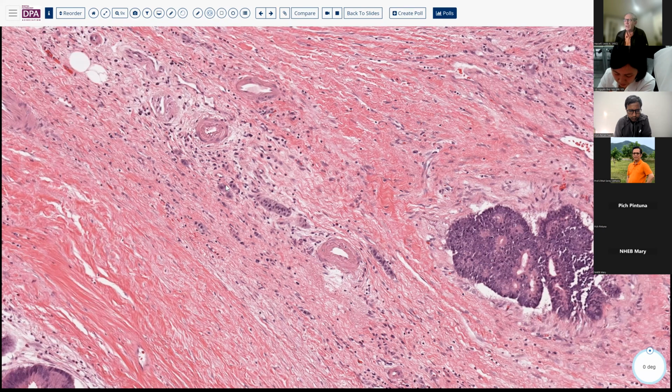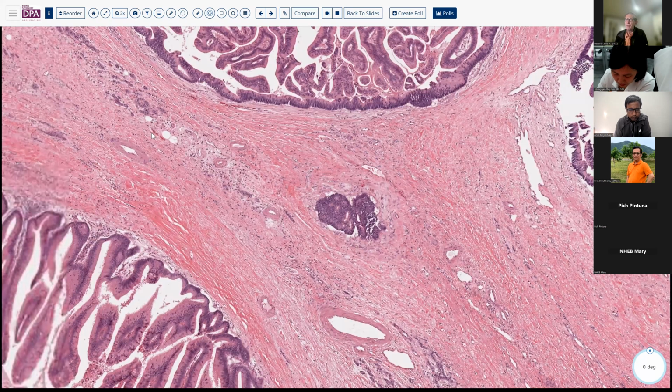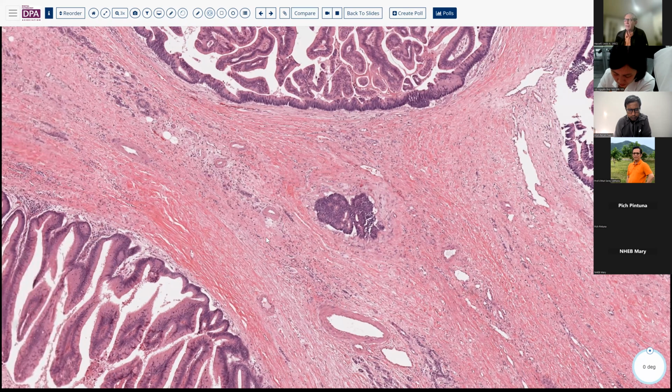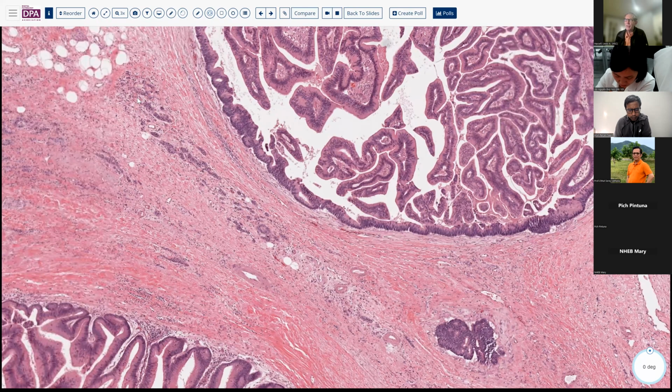And so looking carefully, not just at the big picture, but at some of the smaller areas like this, to ask the question, could this be an invasive component?